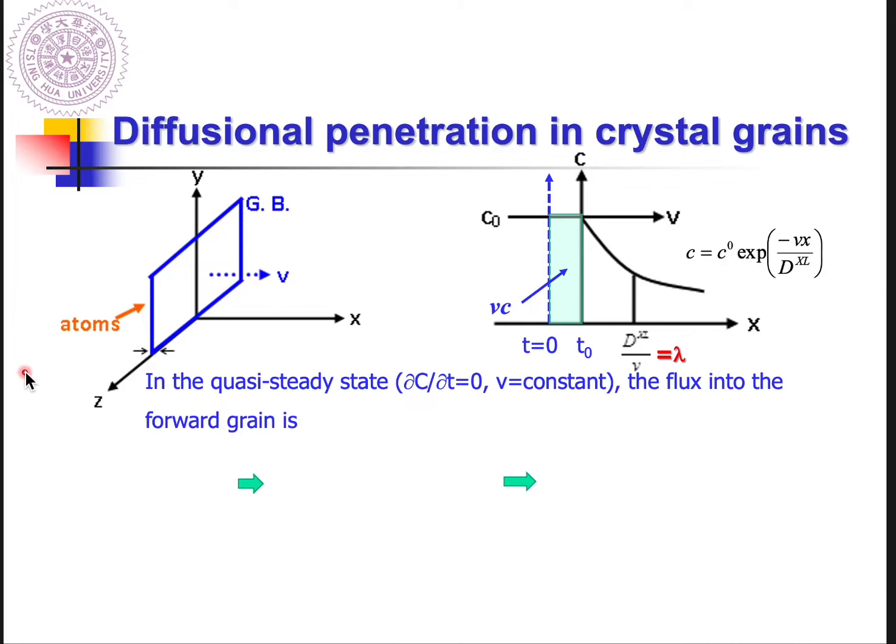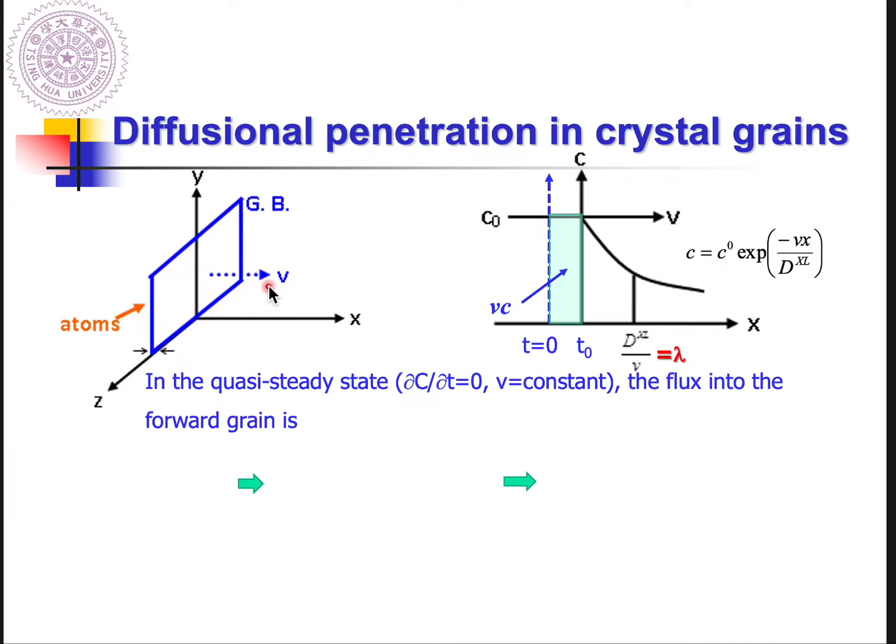The diffusing atoms diffuse through the grain boundary, and some atoms will jump to the left-hand side, and some will jump to the right-hand side. If more atoms jump to the left-hand side, they will push the grain boundary toward the right-hand side with velocity v.